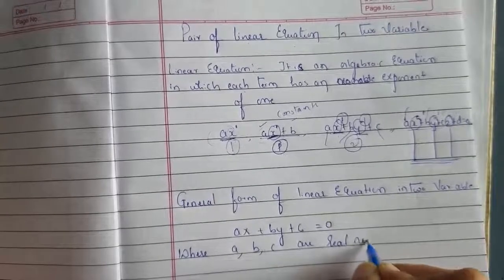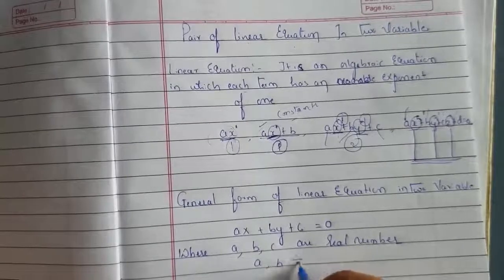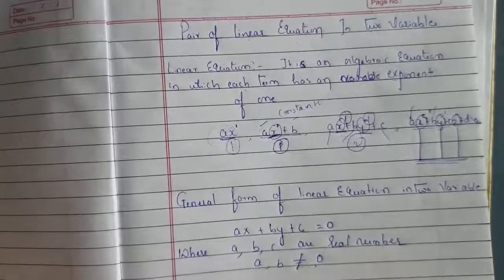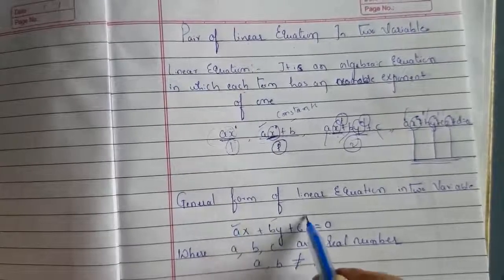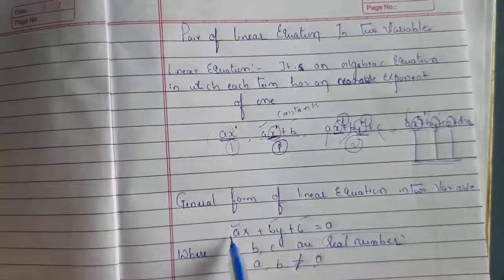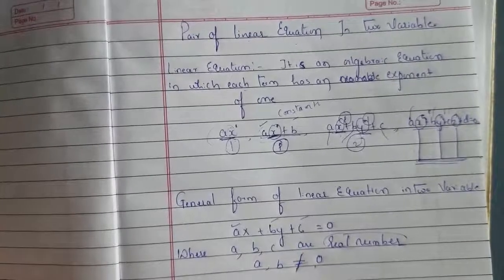Real numbers, and another condition, a and b do not equal 0. The equation should satisfy this. a, b, c should be real numbers, and a, b should not equal 0.